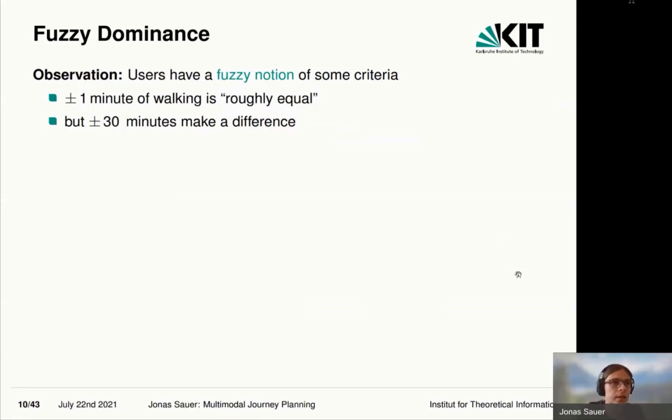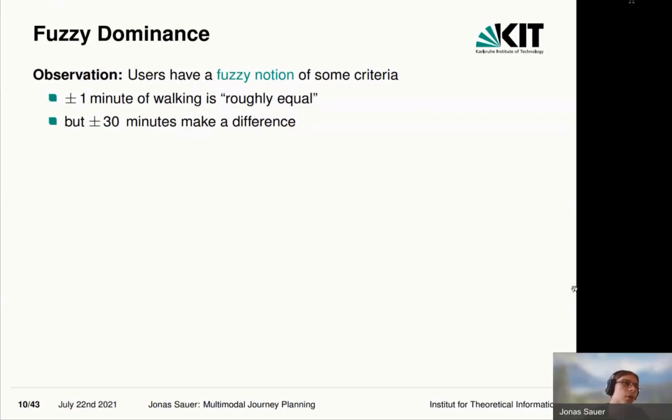So the idea there is that users typically have a fuzzy notion of what differences in one criterion mean to them. If you have two journeys which differ in walking time by 1 minute, then most users will see that as roughly equal. It doesn't really matter if you have to walk 15 minutes or 14 minutes.